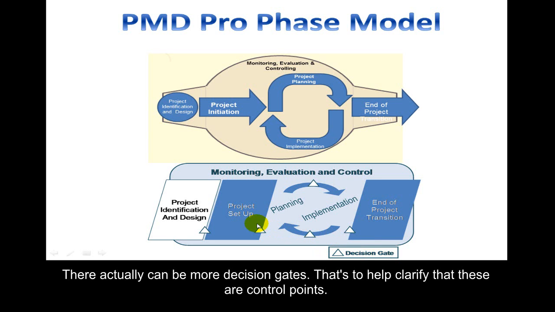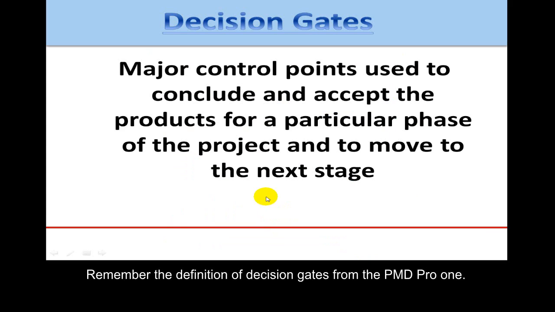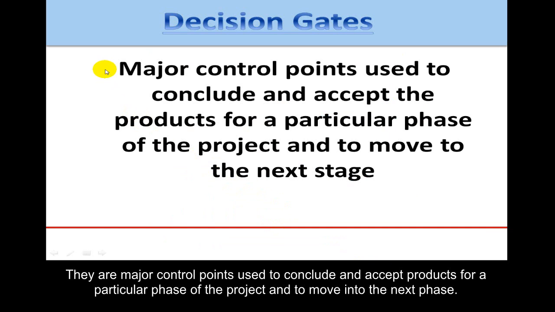There actually can be more decision gates than that, and that's to help clarify that these are control points. Now, remember the definition of the decision gate from the PMD Pro1, that they are major control points used to conclude and accept products for a particular phase of the project and to move into the next stage.